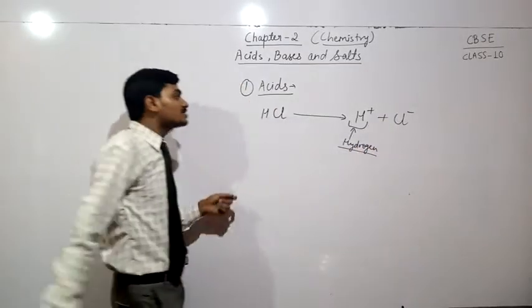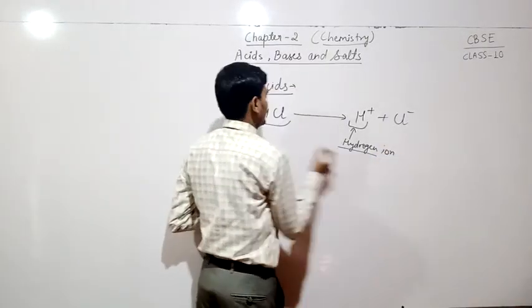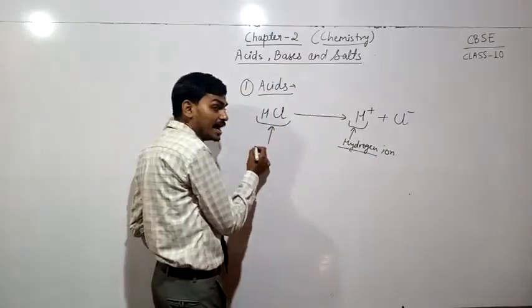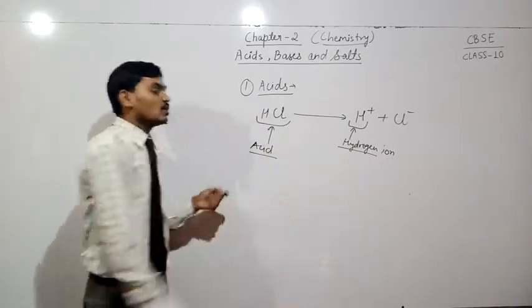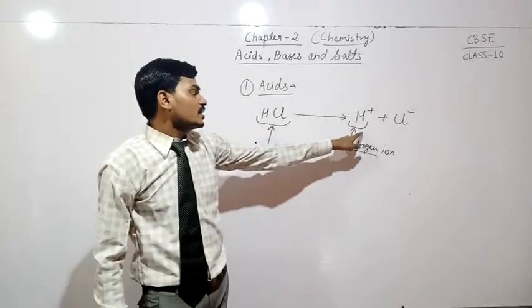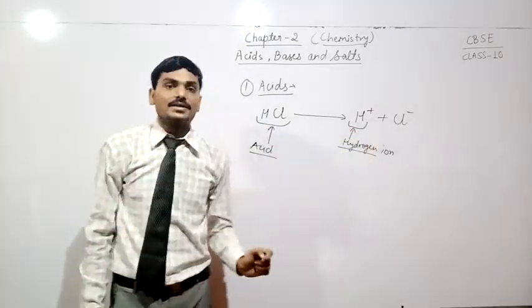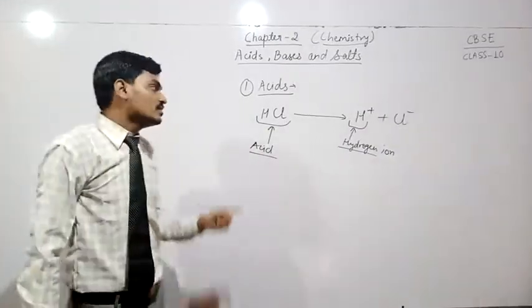So this is known as an acid. This is a type of acid because the aqueous solution of HCl gives H plus and Cl minus, so it is known as hydrochloric acid.